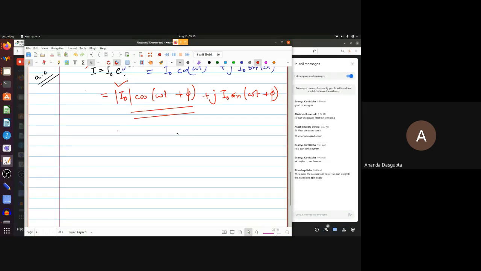If you were to write I equal to I0 e to the j omega t, algebraically that's what you have, but when you represent this graphically, the point I0 e to the j omega t would be a point on the complex plane whose distance from the origin would be mod I0, and this angle would be omega t plus phi. That's a single point at a given instant of time.